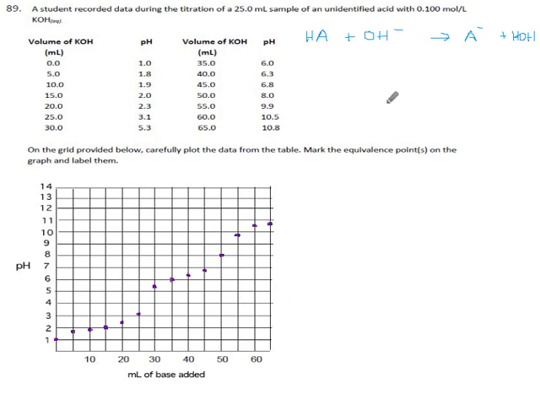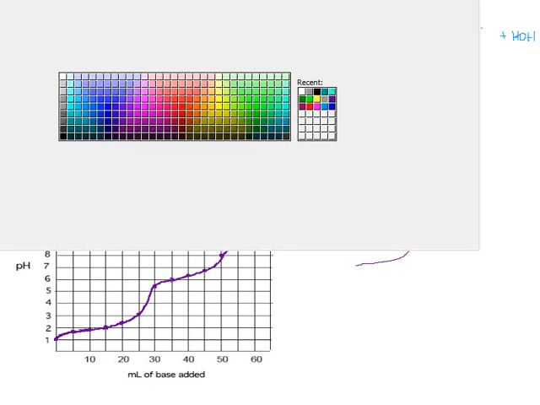Well, not really the shape we were expecting, was it? In our first example, we got a nice curve like this. This one, if we connect the dots, instead of one big jump, this curve seems to have a couple.